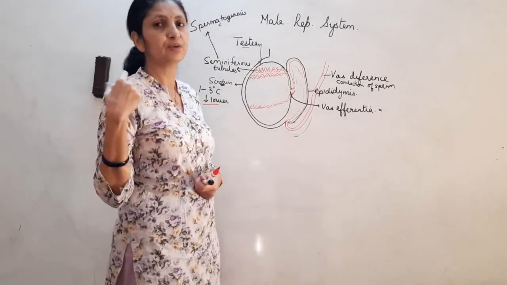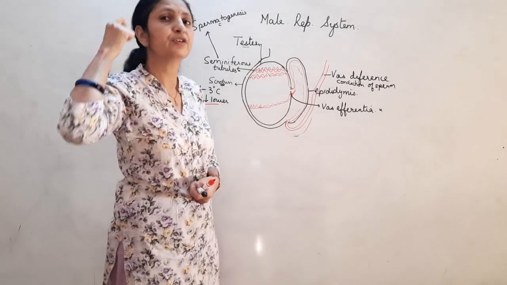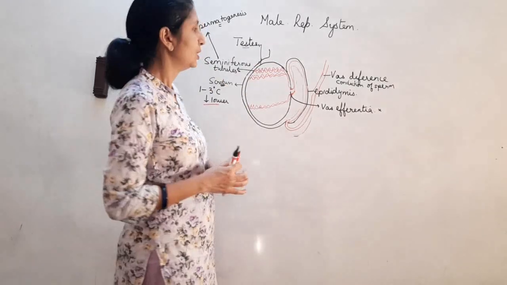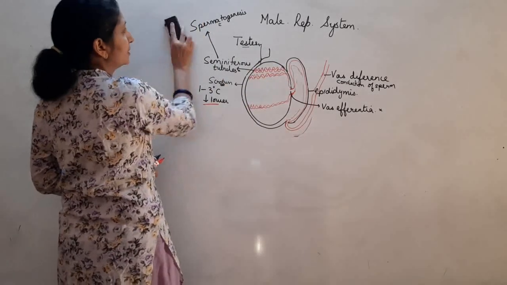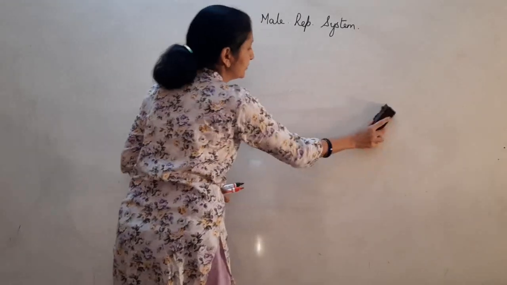When is the urinary system active? When the reproductive system is active, it is all under nervous control. Okay? So this is clear? Okay. This is about the male reproductive system.